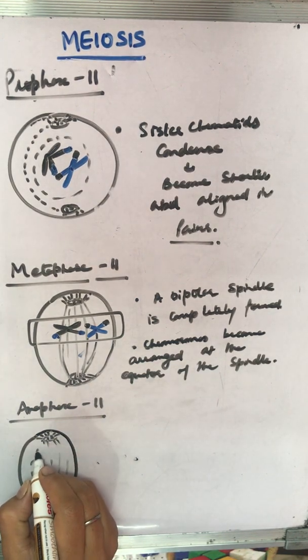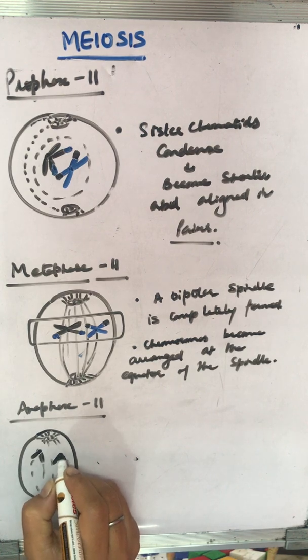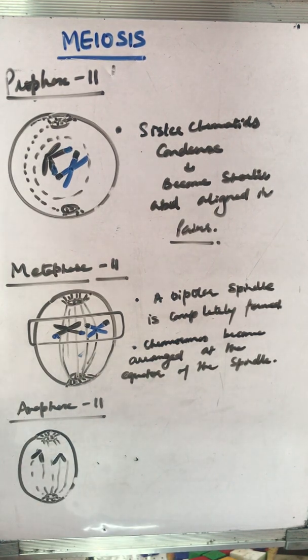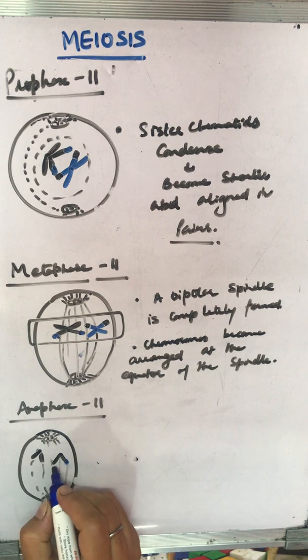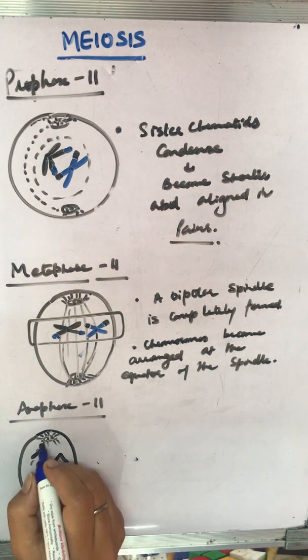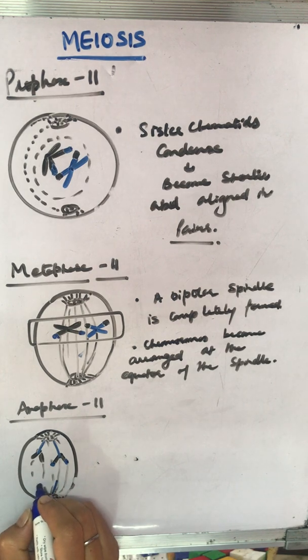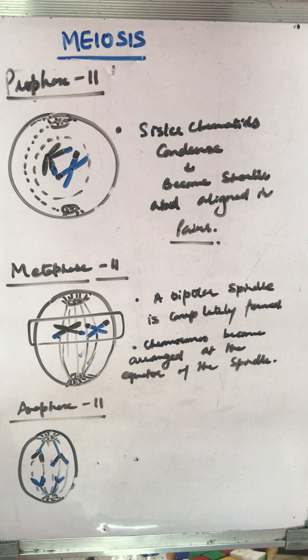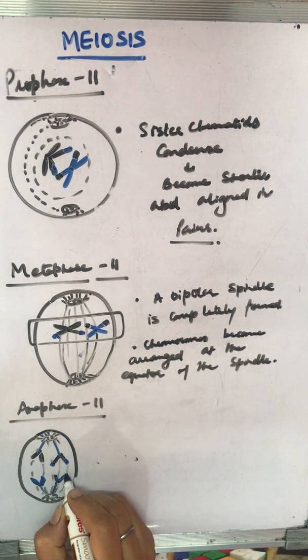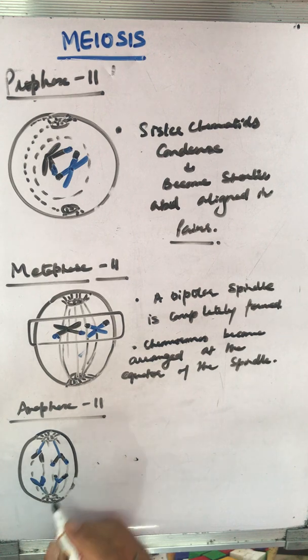And the chromosomes will move away with the same I, J, V shapes. Okay? Any shape, I, J, L, V, you can name. Now this is L kind of shape, V kind of shape.